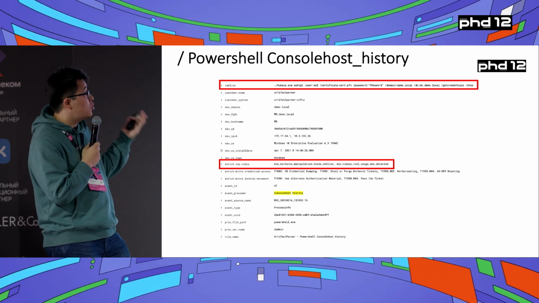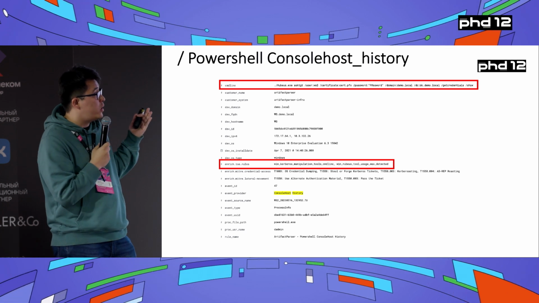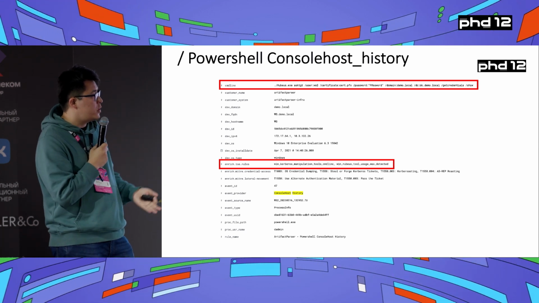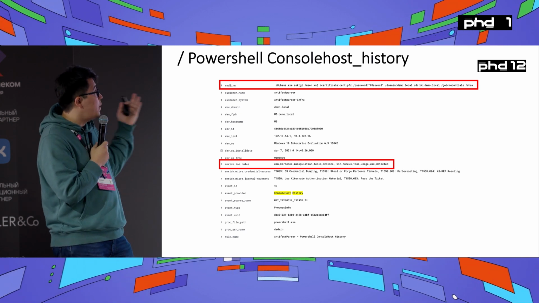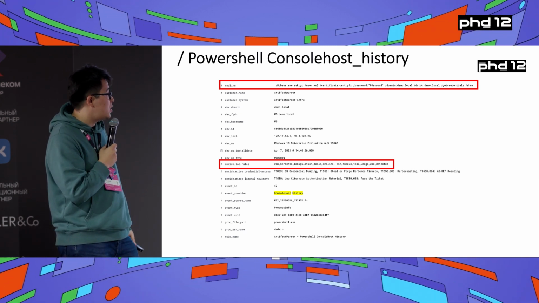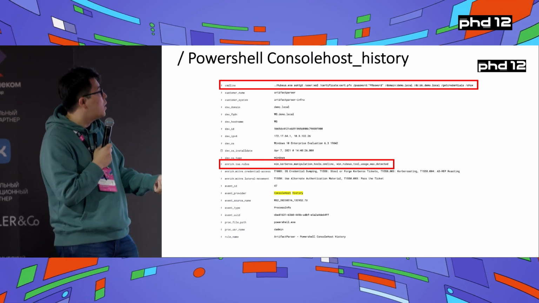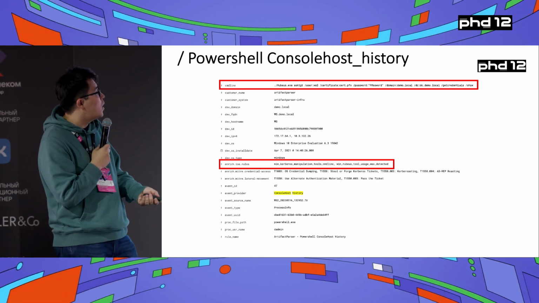Also, we are parsing such an artifact as a console host history. That's a history of PowerShell commands. And also we can detect a malicious utility.